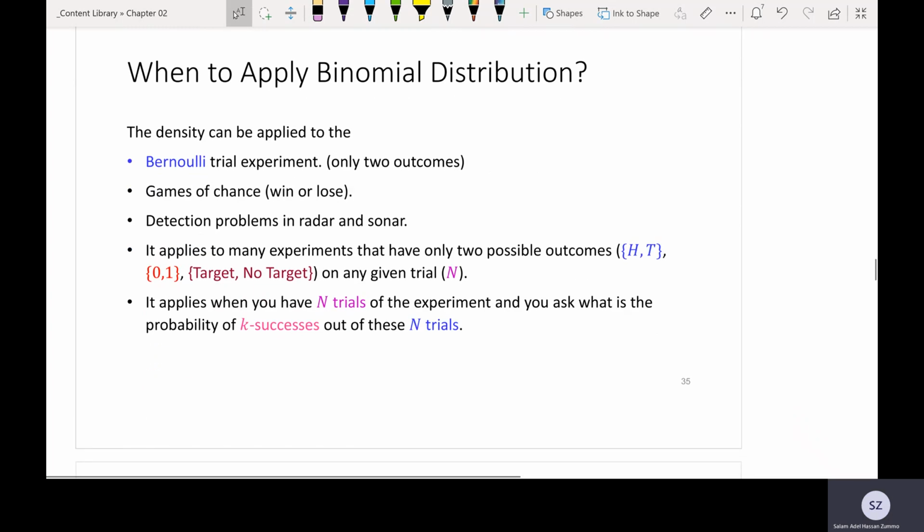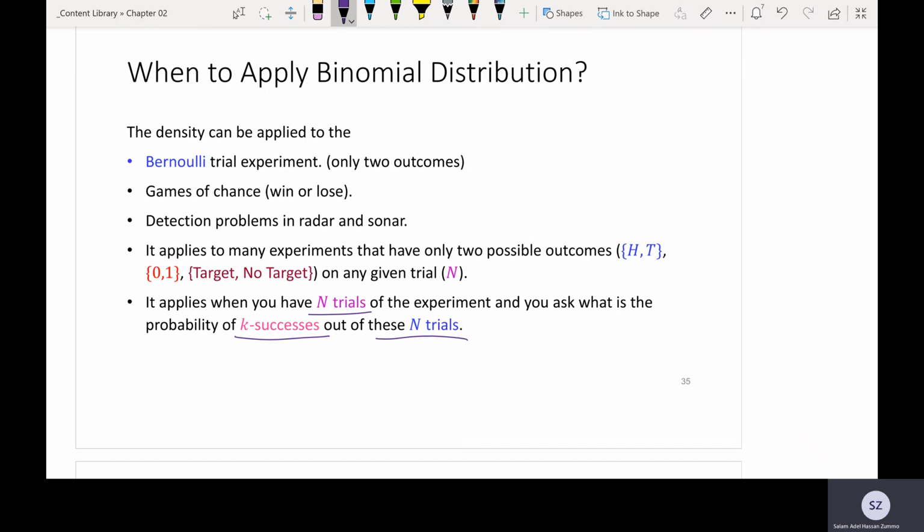Now, when do we apply binomial? When you have a Bernoulli trial with two outcomes. One has a probability of p, another has a probability of 1 minus p. Like games of chance, win or fail, detection, target, no target, exam, pass, fail, head, tail, whatever. And you ask this question: out of the n trials, how many successes?